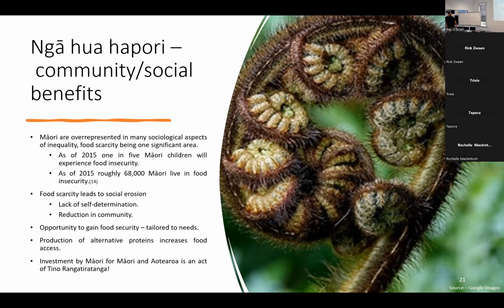As of 2015, 1 in 5 Māori children had experienced food insecurity, and roughly 68,000 Māori people lived in insecurity. That number has decreased. There is more now in terms of people who are actually providing food, so there are more food banks and things, but that just says that the need is just as high, if not higher.